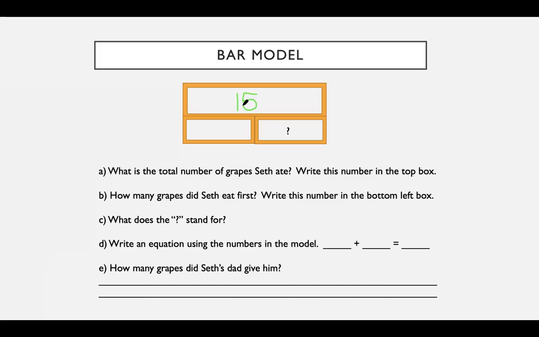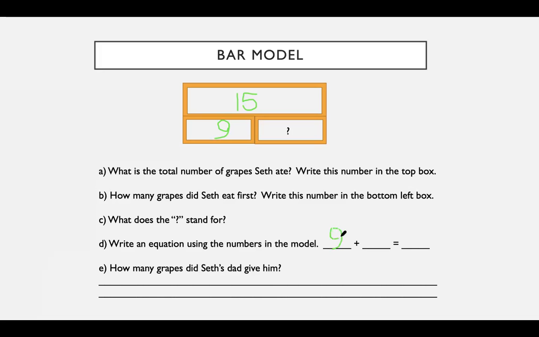How many grapes did Seth eat first? We know that he ate 9. This number goes in the bottom left box, just like in a number bond. So what does the question mark stand for? That is what we're trying to find out. That is our problem. We're writing an equation using the numbers in the model. What number would go here?